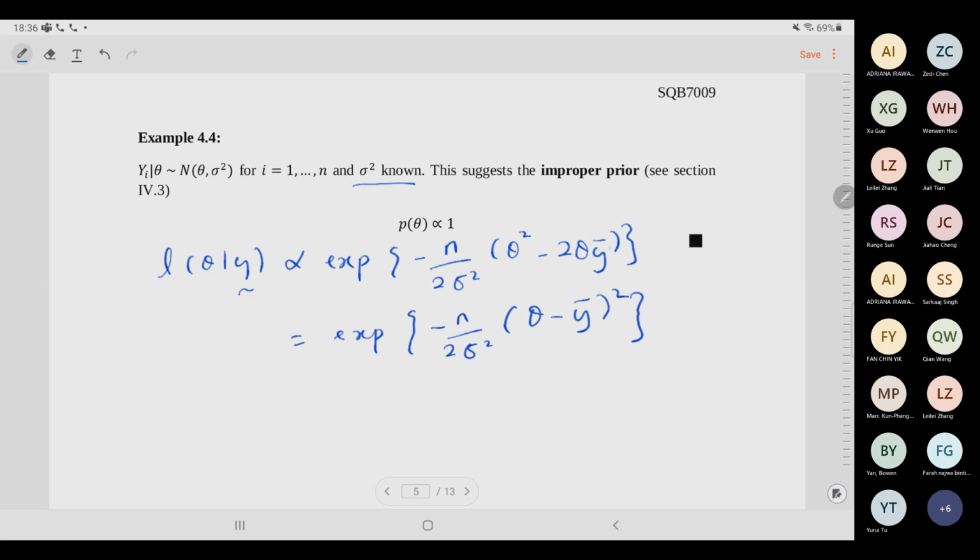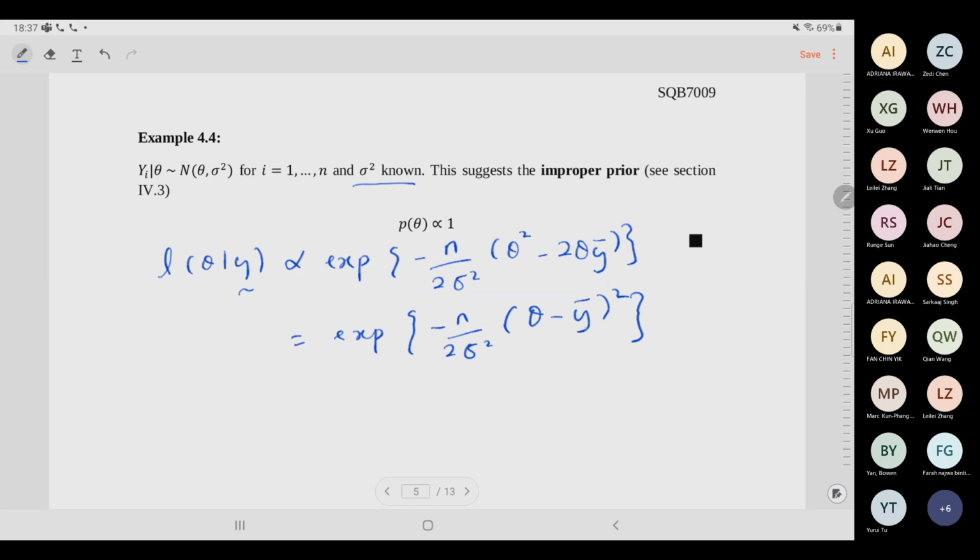But because it's not a kernel of the normal, we can also rewrite it in the form of theta minus y bar squared. If you open the square, you get theta to the power 2, then minus 2 theta y bar, plus y bar squared. Y bar squared is a constant, so that's why it disappears in the original kernel. So this is the form.